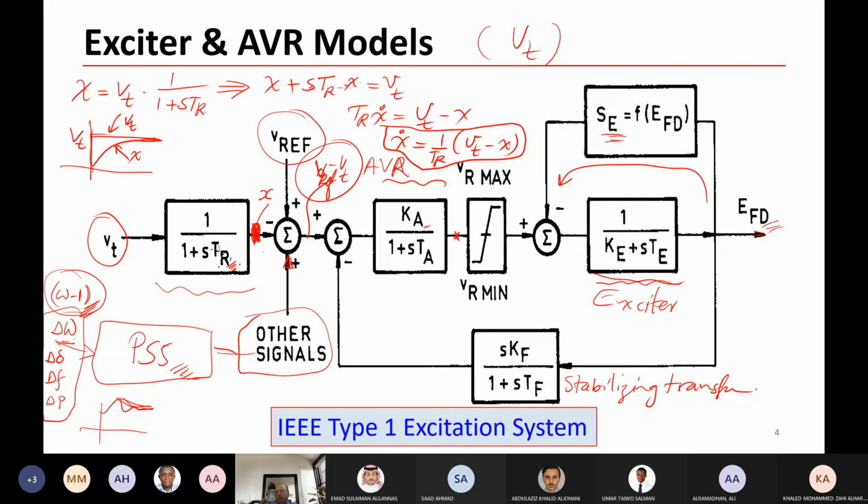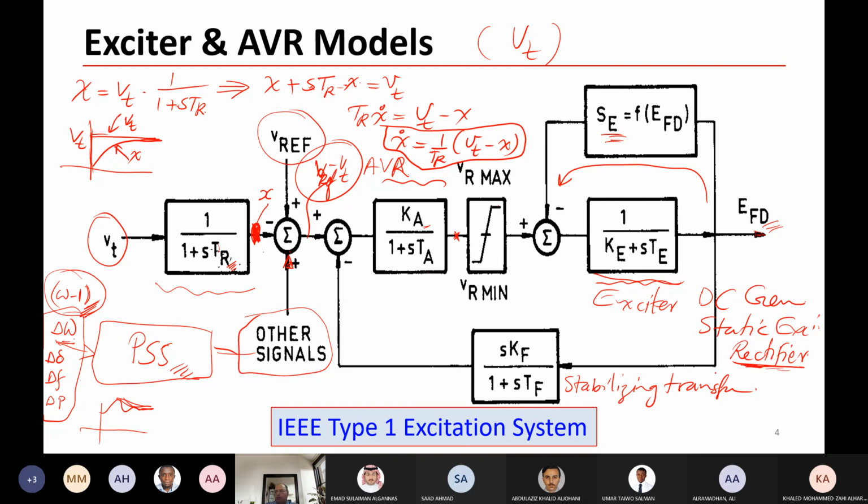Could be a static exciter, and you could also have a DC generator. In a static exciter you have a rectifier, which converts the three-phase AC generated from the main generator to a DC source to supply the field winding.